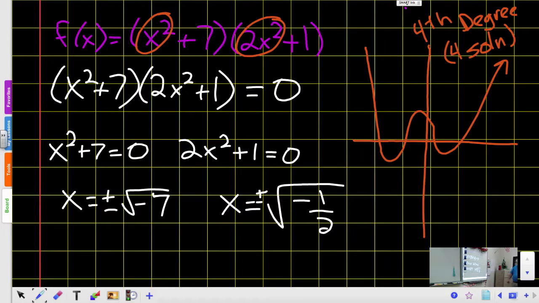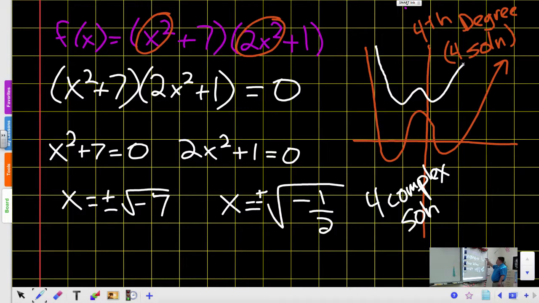What does that tell us? Well, that tells us graphically there's no real solutions. In fact, we have 4 complex solutions. Now, if we have 4 complex solutions, that means it comes in from the top, does some funny business, and goes out this way.